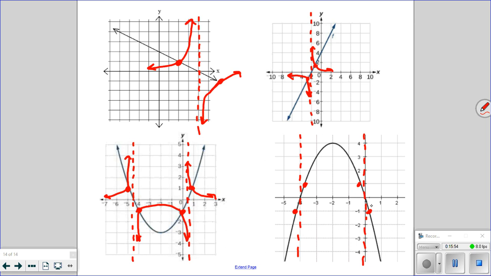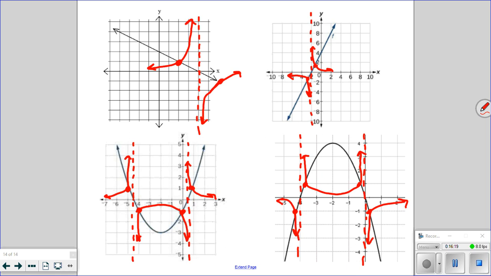And then you're going to approach your x-axis and your asymptote. And then here, you're going to approach your asymptote, and you're just going to connect it over to the other dot, and then approach the asymptote again. And so that's how parabolas work. So hopefully that helps a little bit with reciprocal functions.